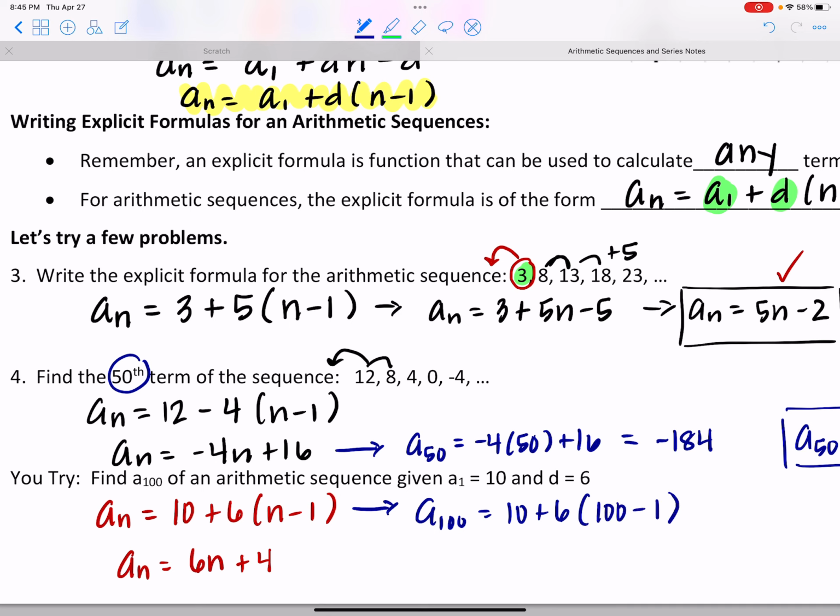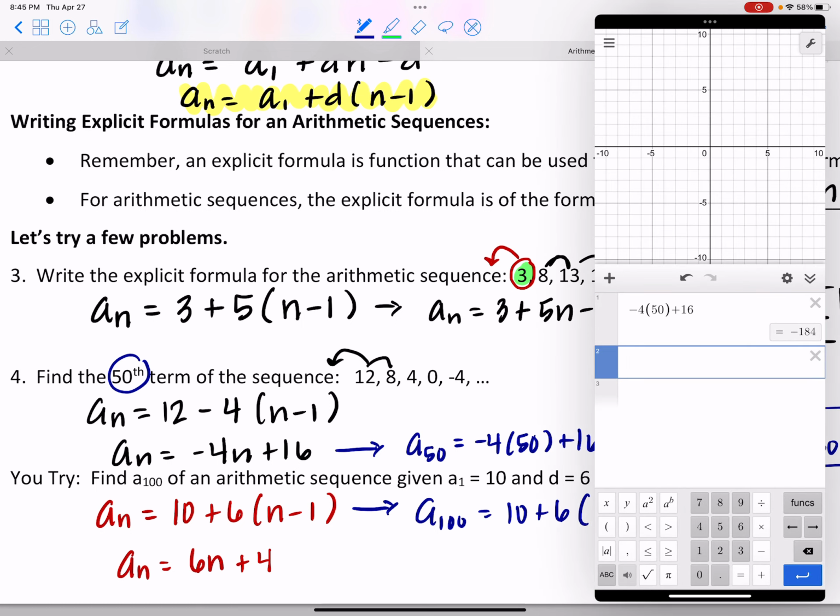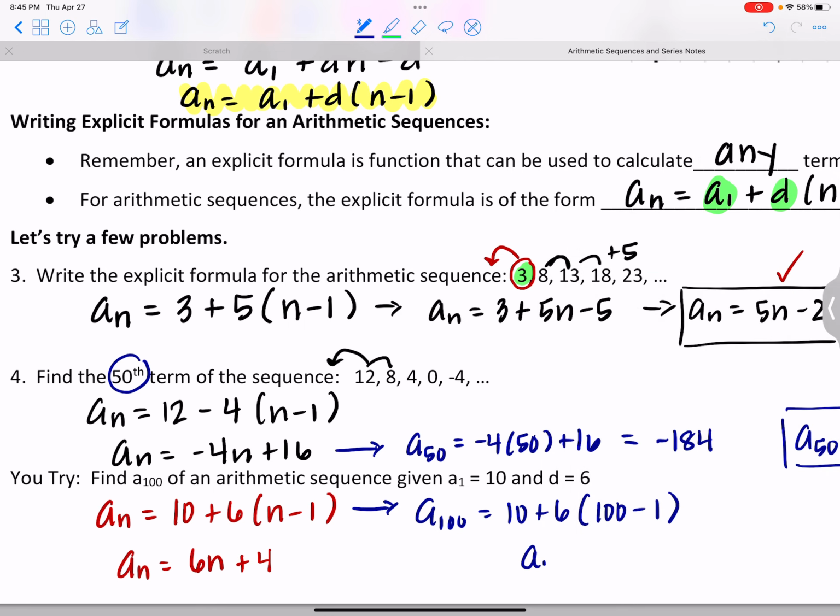So 600 minus 6 would be 594, plus 10 would be 604. Yay, I can still math. So we're going to say a sub 100 is 604. If we were to make this list starting at 10, adding 6 100 times, we would end up at 604 for that 100th term. Okay? Hopefully we're doing all right.